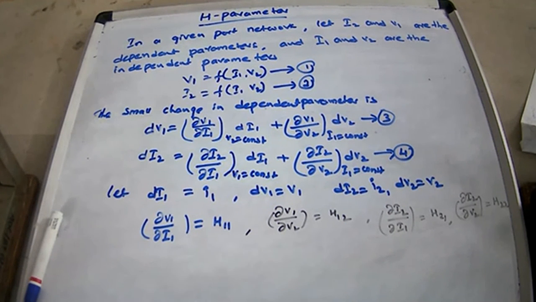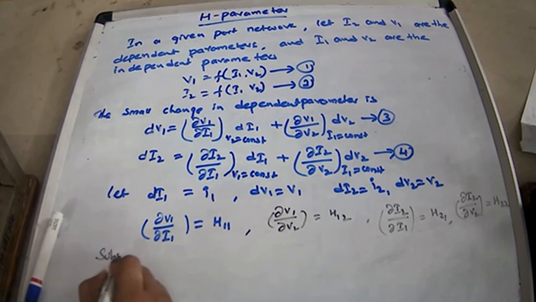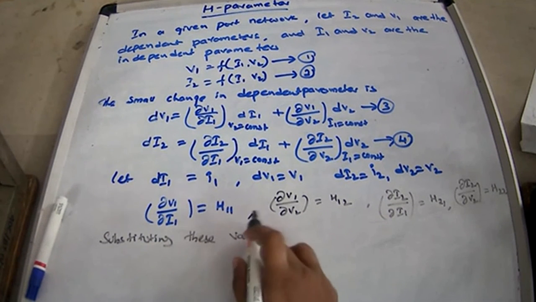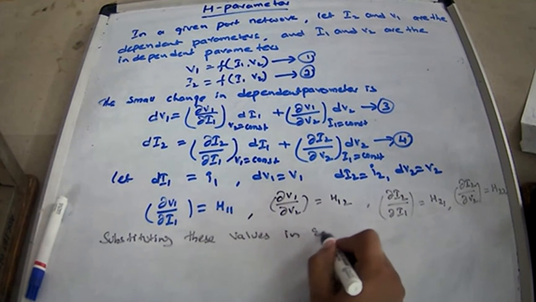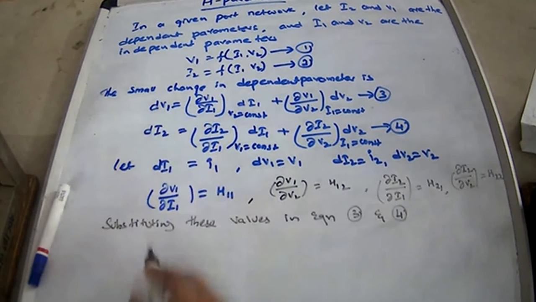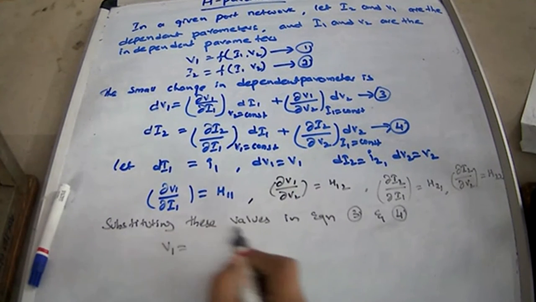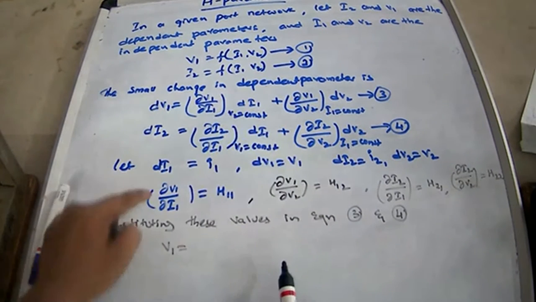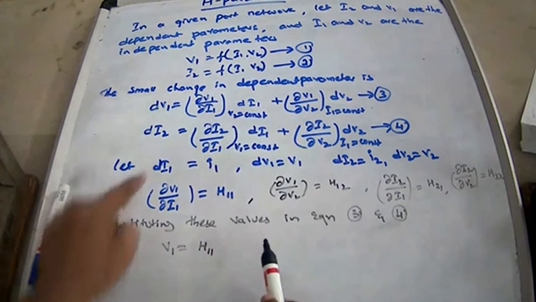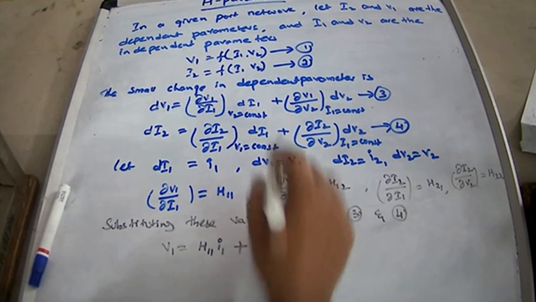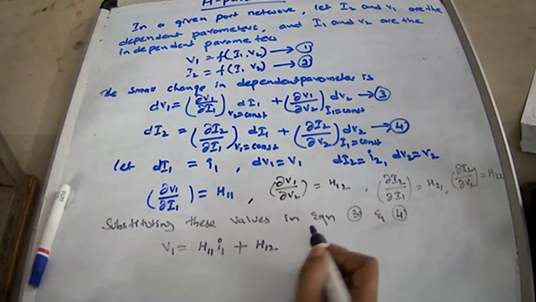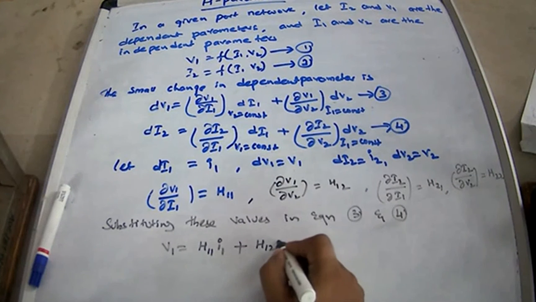So substituting these values in equations 3 and 4, we can write dV1 as V1 is equal to dou V1 by dou I1, which can be taken as h11, then dI1, which can be taken as I1, plus as it is dou V1 by dou V2, which can be taken as h12, and dV2 can be taken as V2.